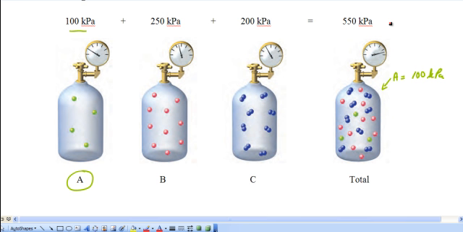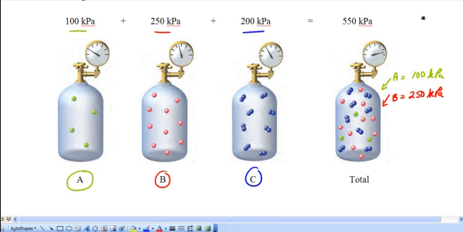Similarly, if you take a look at letter B, it exerts a pressure of 250 kilopascals in this container at this temperature. When you put other gases with it into a mixture, it is still going to exert the exact same pressure. And you can imagine when we do letter C here, you're going to find the exact same thing.